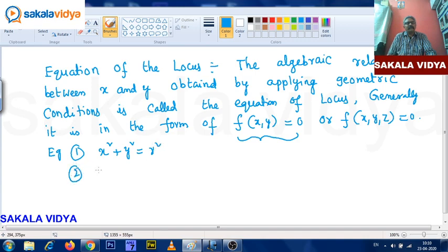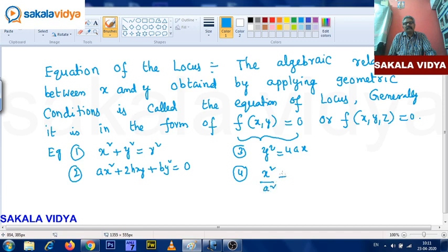Generally you can write ax square plus 2hxy plus by square is equal to 0. Then y square is equal to 4ax. We can write x square by a square plus y square by b square is equal to 1, and x square by a square minus y square by b square is equal to 1.